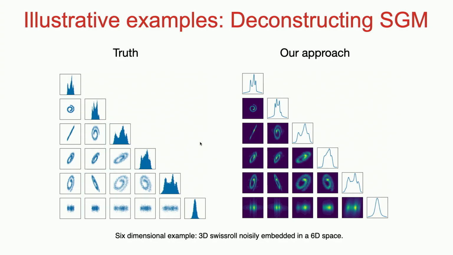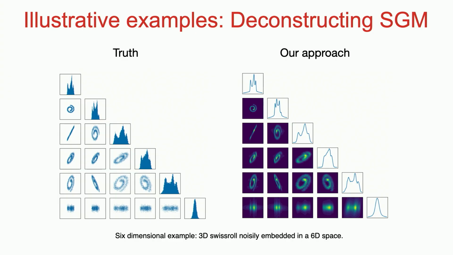And another thing we're trying to look at is this low-dimensional data manifold. We took a 3-dimensional Swiss roll example, noisily embedded it into 6 dimensions, and directly tried to learn the local covariance matrix for this data set. And the result looks good to us.